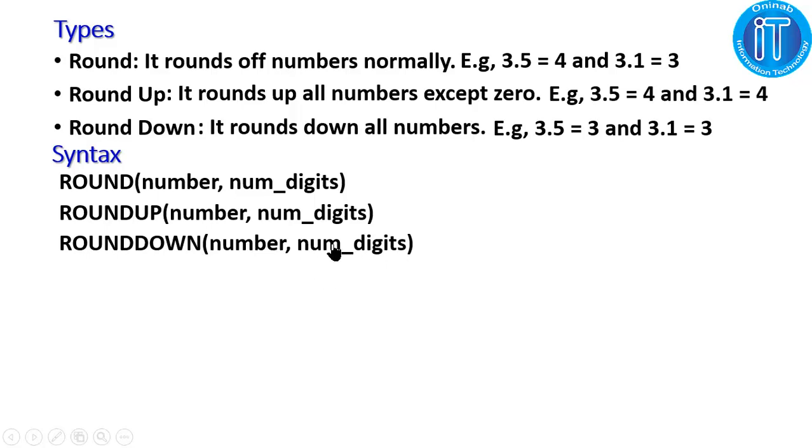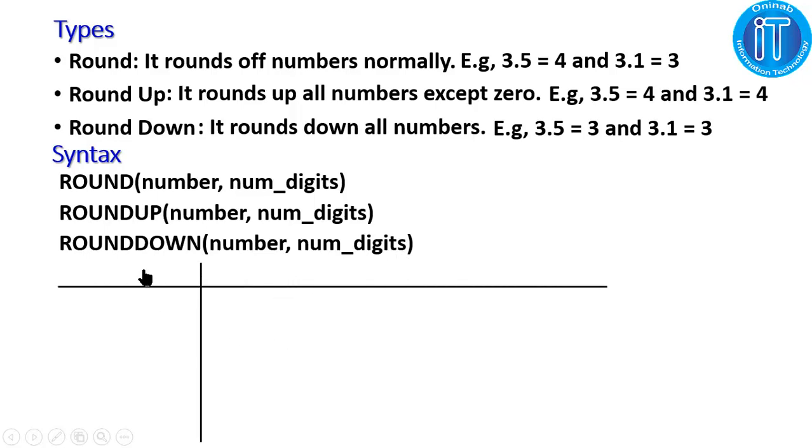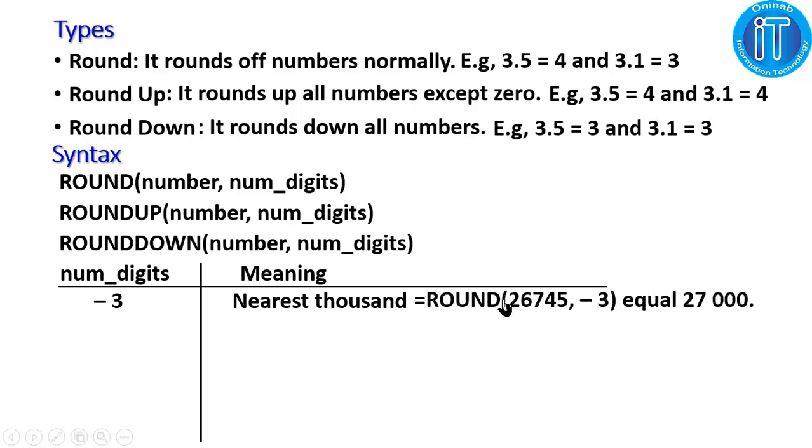We're going to look at a table that will give us the behavior of these num_digits. So we have a table here, the num_digit and the meaning. If the num_digit is -3, it means to the nearest 1,000. For example, if you have round 26745 and the num_digit is -3, it gives you 27,000 because it is to the nearest 1,000.